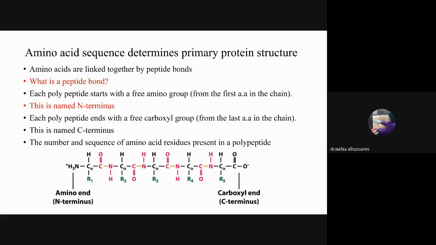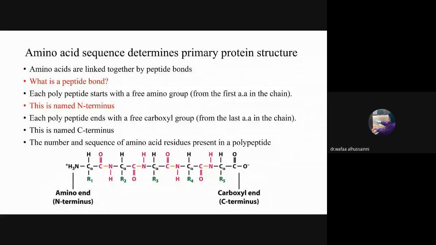If I have leucine, alanine, tyrosine, then this will make up a different protein. If you understand what I'm saying? The amino acid sequence, meaning the order of the amino acids in the protein, is what determines the structure of the protein and the function of this protein.